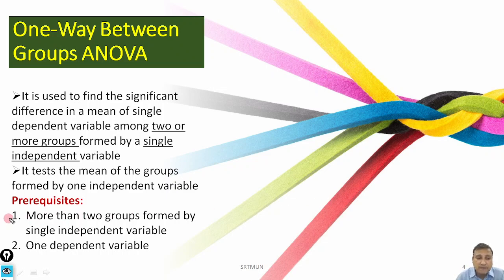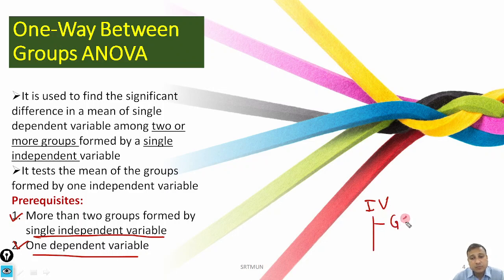So what do we need to have to perform this hypothesis test? We need to have more than two groups formed by a single independent variable, and we need to have one dependent variable with us. If our data has these two things, then we can easily perform one way between groups ANOVA. So say that group 1, group 2 and group 3 are there, and there is one dependent variable.